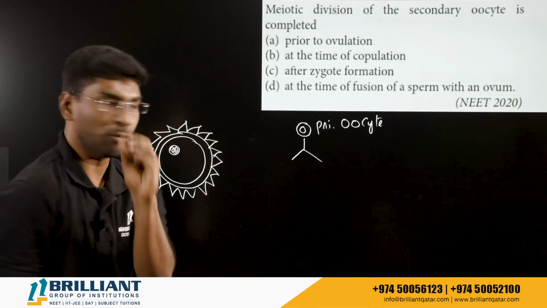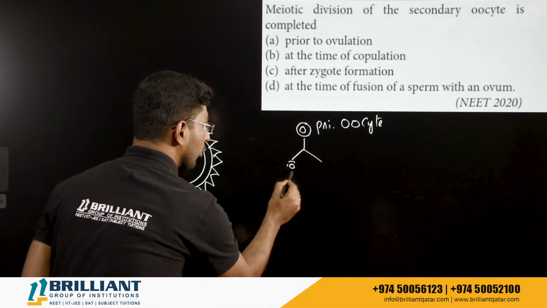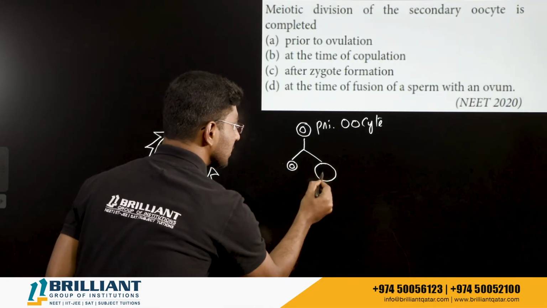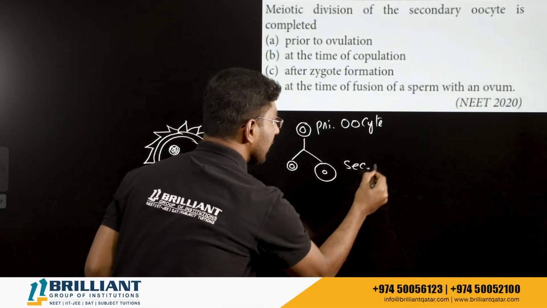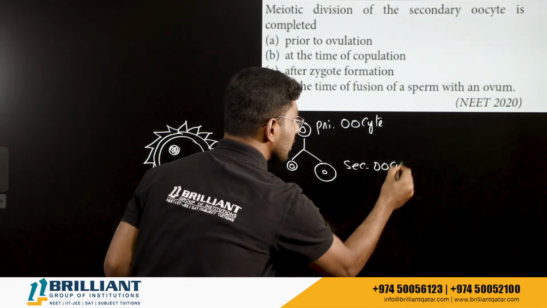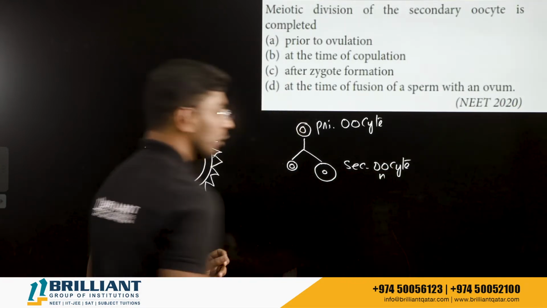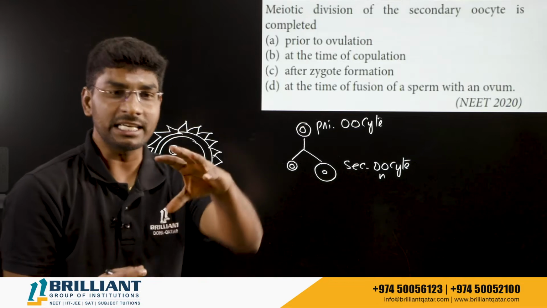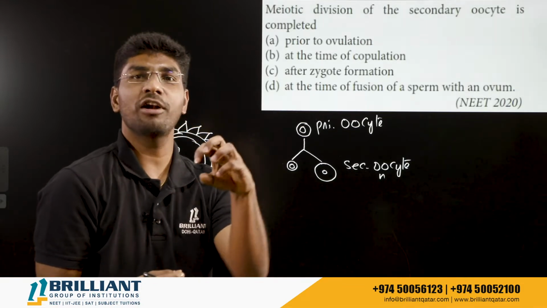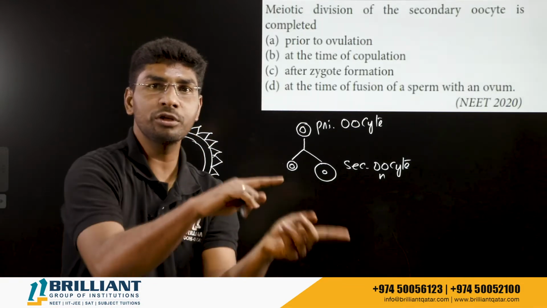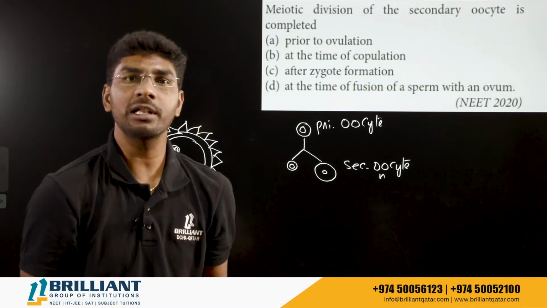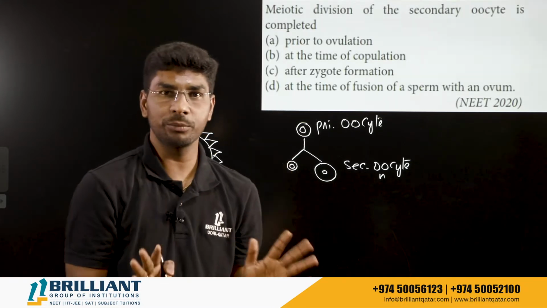One cell is a small cell, we call it the first polar body. The second one is the biggest cell, we call it the secondary oocyte. Yes or no? So the secondary oocyte is haploid, and it is received by the finger-like projections called fimbriae of the fallopian tube, and it enters the ampulla-isthmus junction of the fallopian tube.